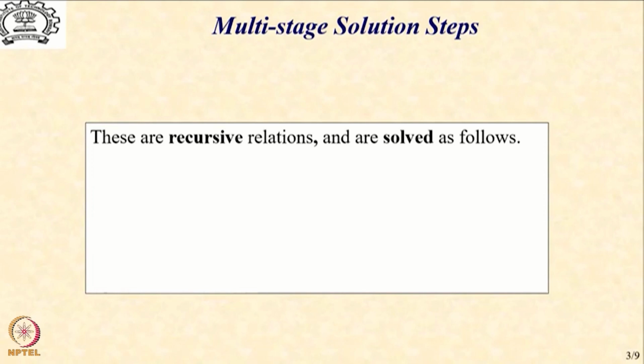Now we realize that m star is something which is to be specified, and it is generally available as a design requirement. Once m star is specified, you should be able to solve for the nth stage first. That is, you are starting now from the top.